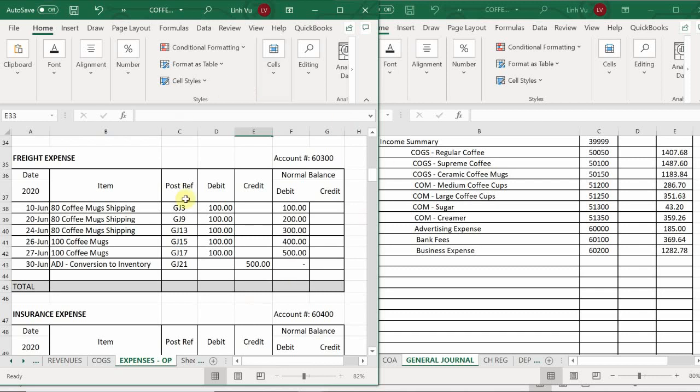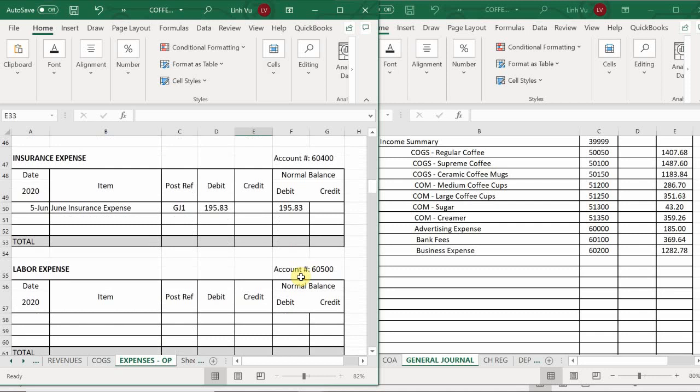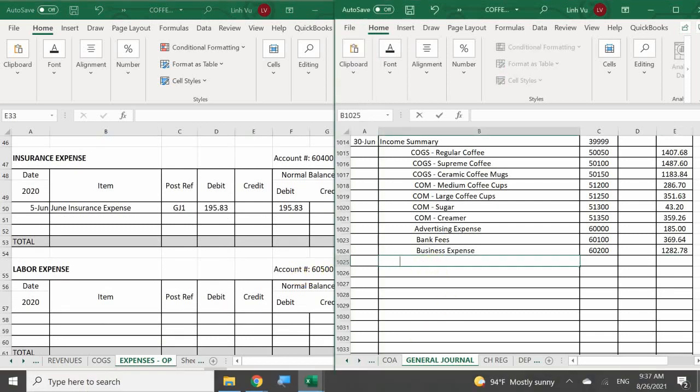Next, we have here's freight expense, which is already 0. So no need to close that account out because it's already 0. Next, we have is insurance expense, which is account number 60400. Okay.